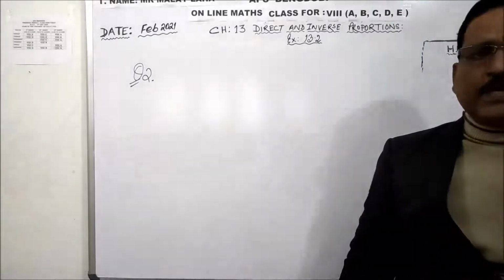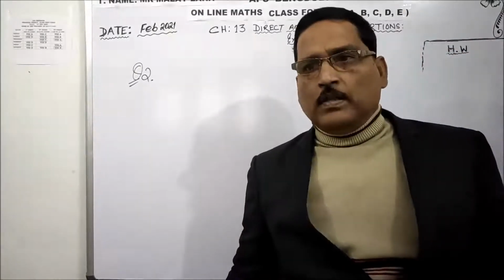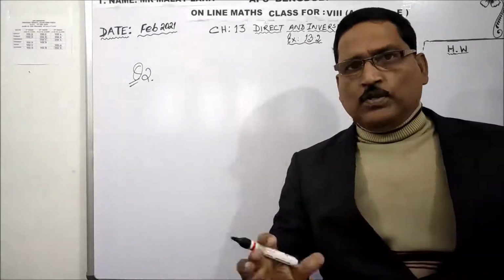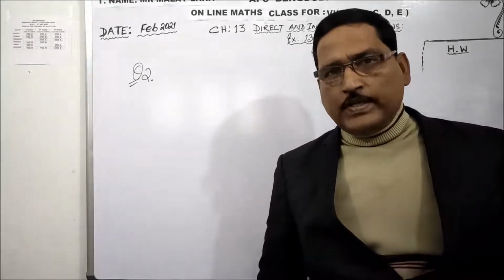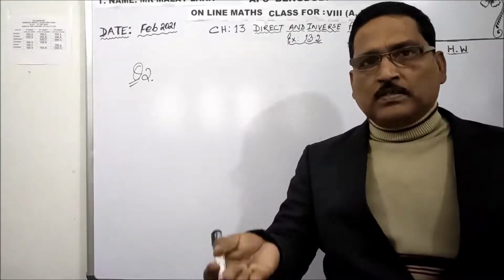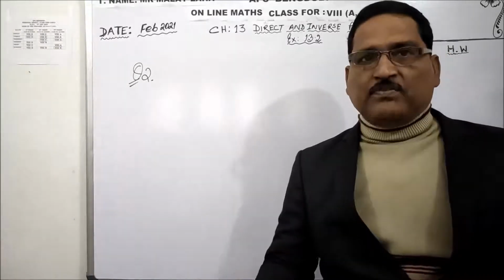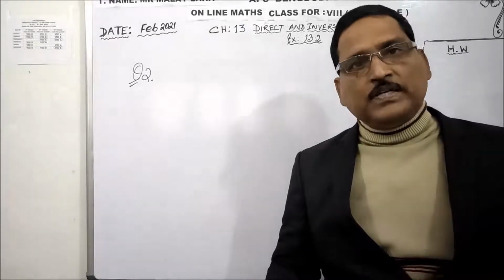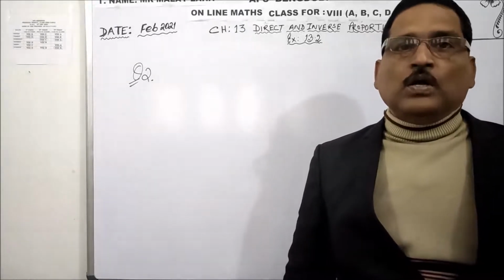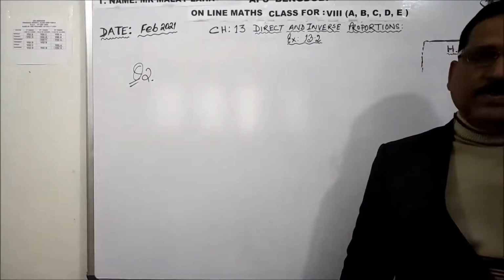Only one person will get 1 lakh. Now if the number of persons increases, the prize money is fixed. If there are 2 persons, will they each get 1 lakh? No. So if the number of persons increases, the prize money share per person will decrease. So in this situation we have to follow inverse variation.